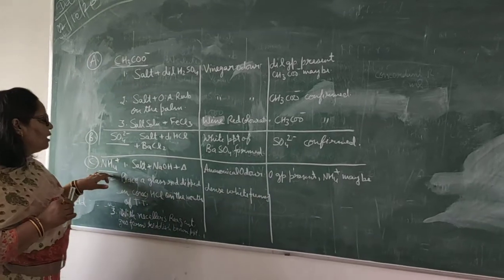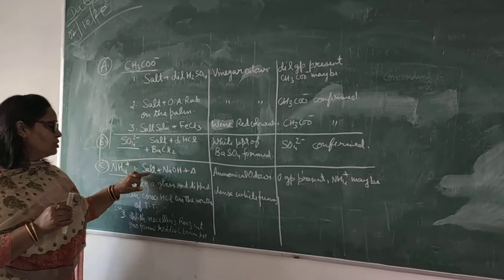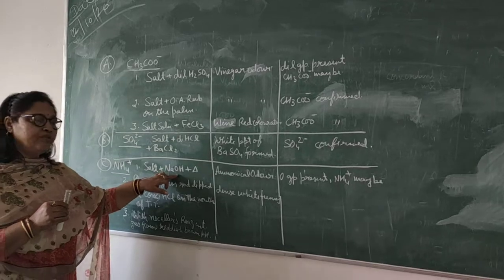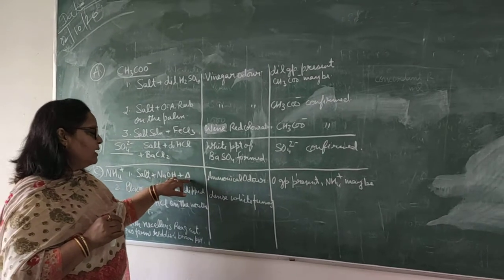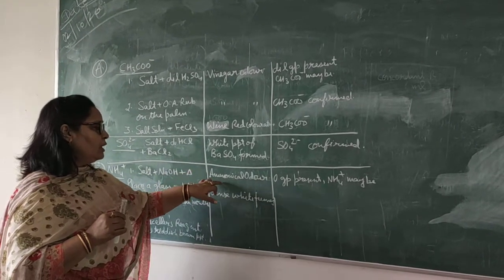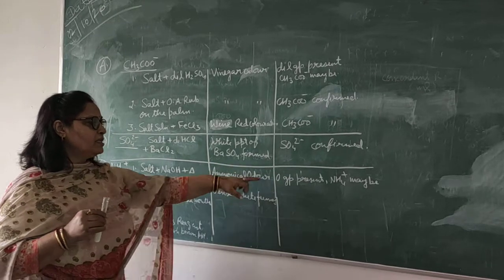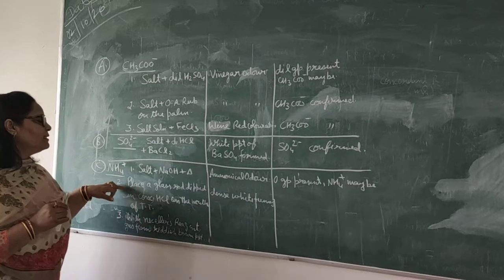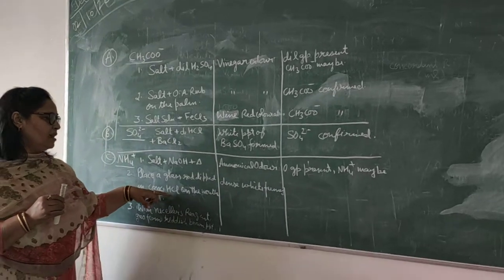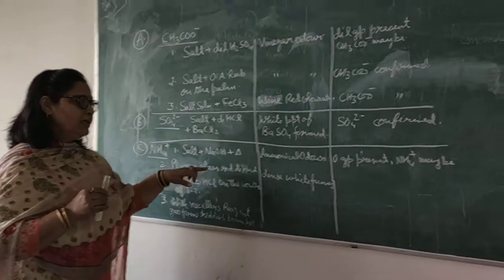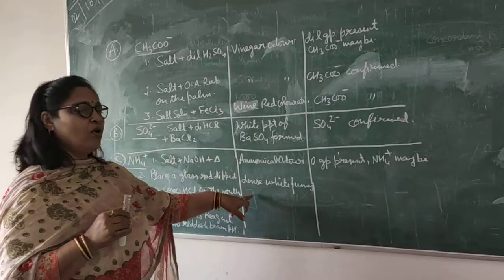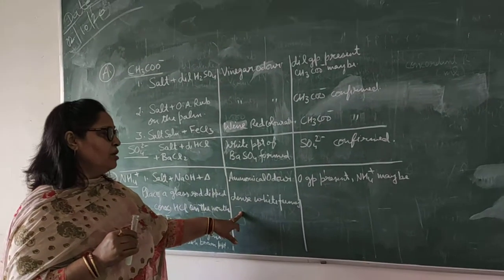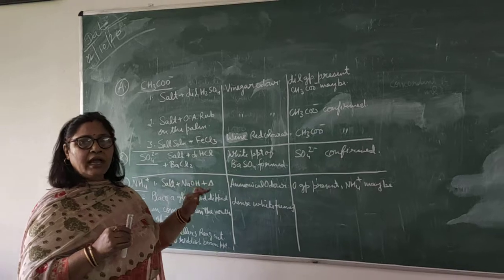Then for the ammonium test, first we take the salt and add some amount of NaOH. If necessary, heat it. Ammonical odor comes out, which confirms the presence of zero group and ammonium maybe. Then immediately place a glass rod dipped in concentrated HCl at the mouth of the test tube. Dense white fumes of NH4Cl come out, which confirms the presence of NH4+.